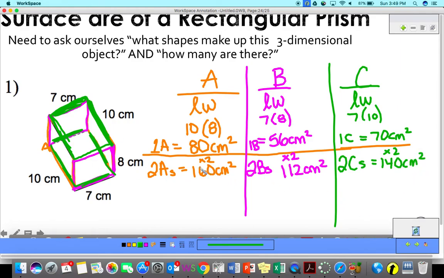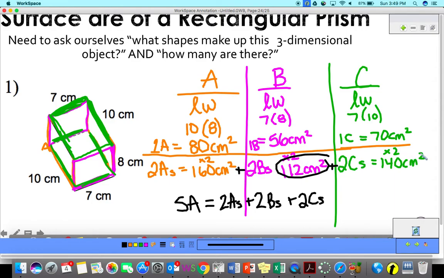Now what I've done is I've found the area of the A shapes, the B shapes, and the C shapes, but the total of a surface area is all of those sides added together. So I need to add up my 2 A's and my 2 B's and my 2 C's. Now, if you make this table as you do your work, it's really easy to put plus signs in between these and add up your numbers.